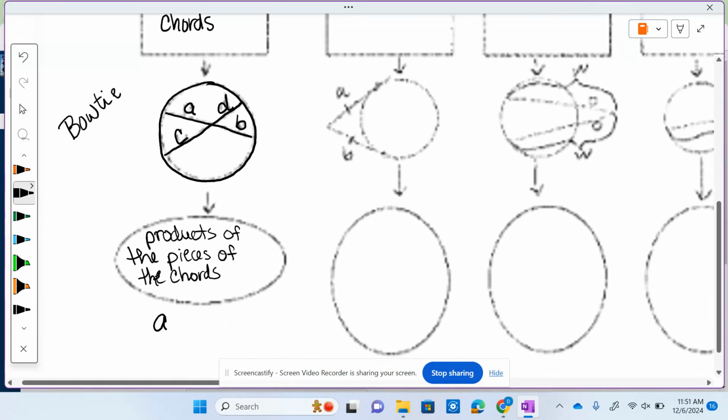So we are going to take A times B and set it equal to C times D. The products of the pieces of the chords are equal. That was the first theorem that we just did today, okay?